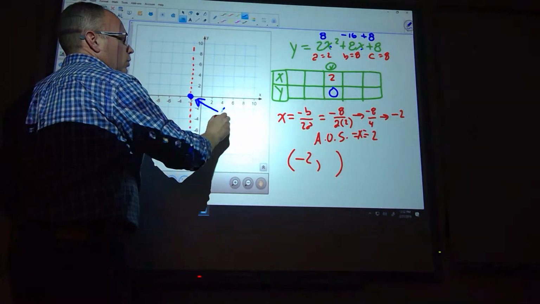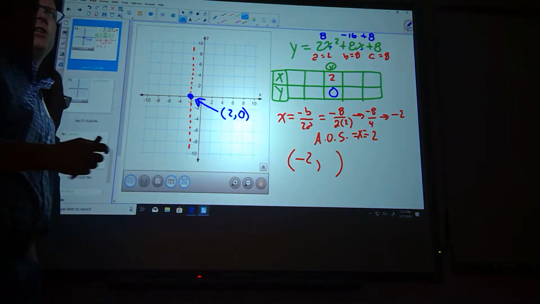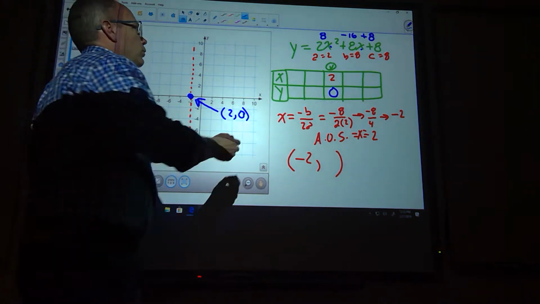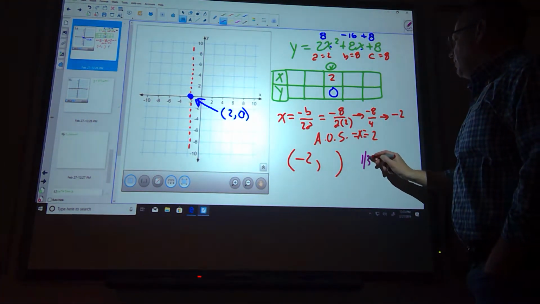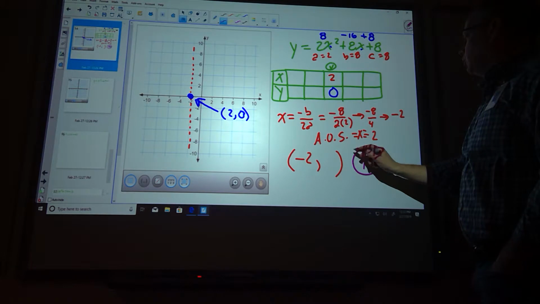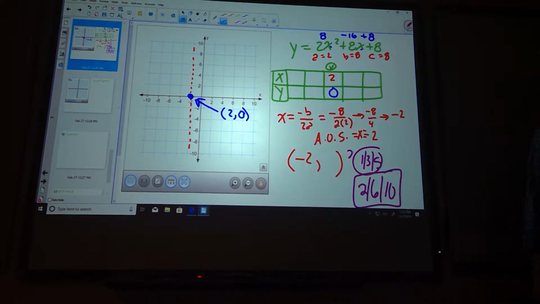So that's -2, 0. Now we're going to fill out our table, but we're also going to pattern graph at the same time. Pattern graph is such a valuable tool. My pattern graph will go as 1, 3, 5, but I have to multiply it by the 2. So I'm going to get 2, 6, 10. Is that okay? Does everyone see where that came from?